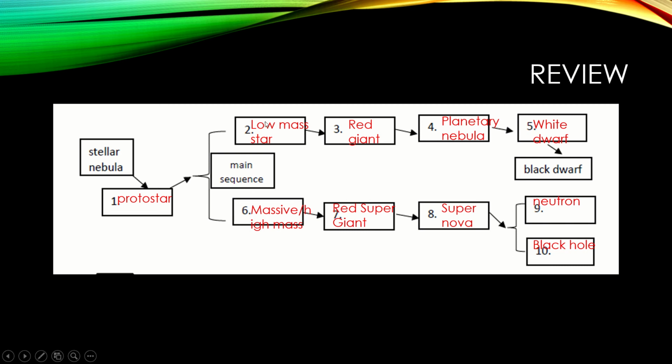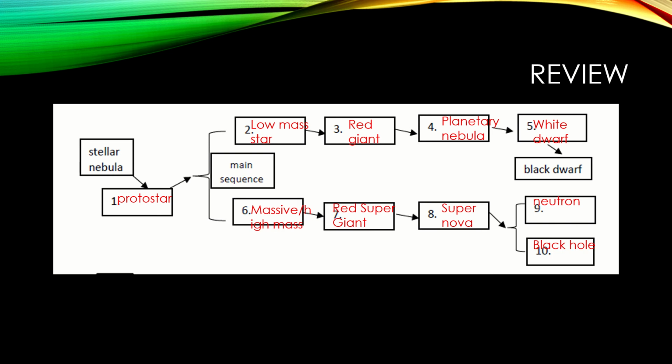Next, when the star becomes a high mass star or a massive star, the star will undergo processes that lead it to become a red supergiant. After the red supergiant, after billions of years, if the star is going to die, it will undergo the process of supernova, which is the explosion of the star.